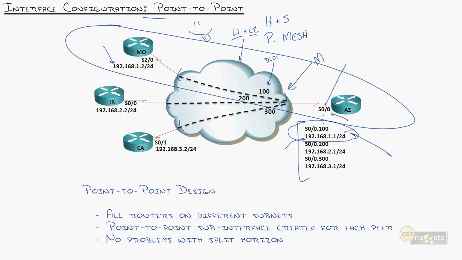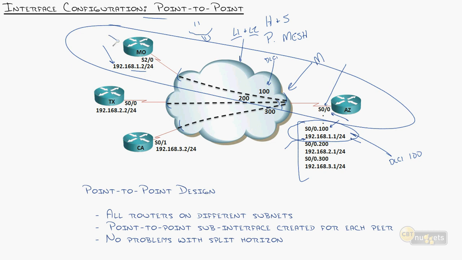And by the way, there's more commands. We'll get into config in the next nugget, but I will also have to say under there, by the way, this sub-interface really does use DLCI 100. It's not magical by creating it. I mean, I could create sub-interface 10,000 and still use DLCI 100. It just doesn't make sense to do that. So I still have to tell it you are using DLCI 100, and now I've got my own little point-to-point network between Arizona 192.168.1.1, okay, good, one network, and 192.168.1.2.